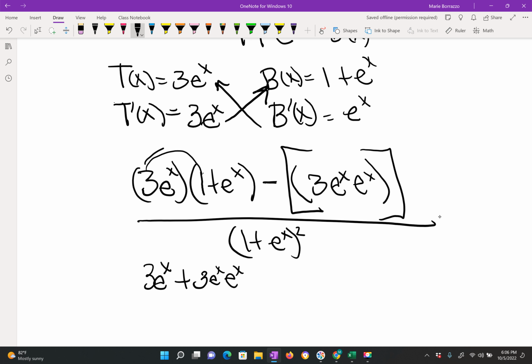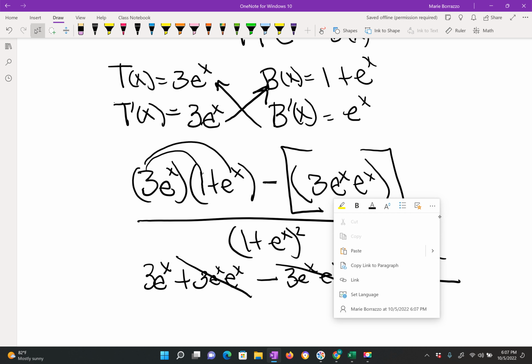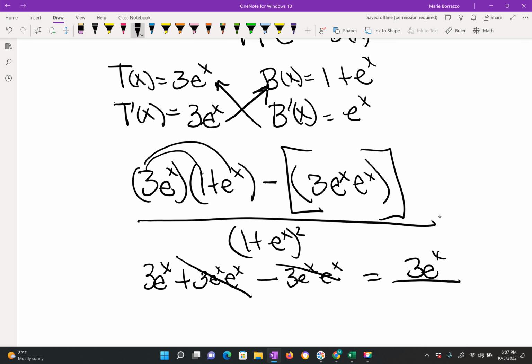Because that's what happens when you multiply there. Minus 3e to the x e to the x. What happens there? Those two cancel. You're left with 3e to the x and all of this over our denominator, which was 1 plus e to the x squared.